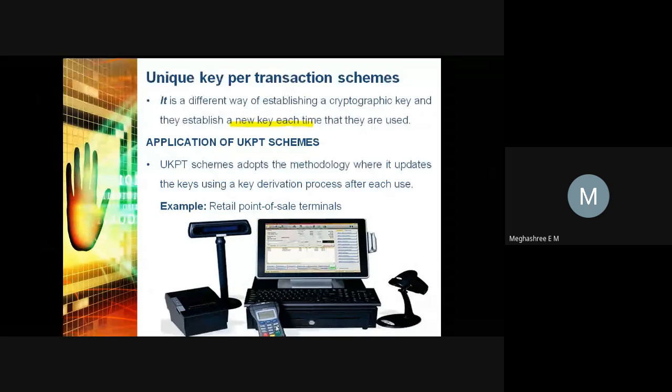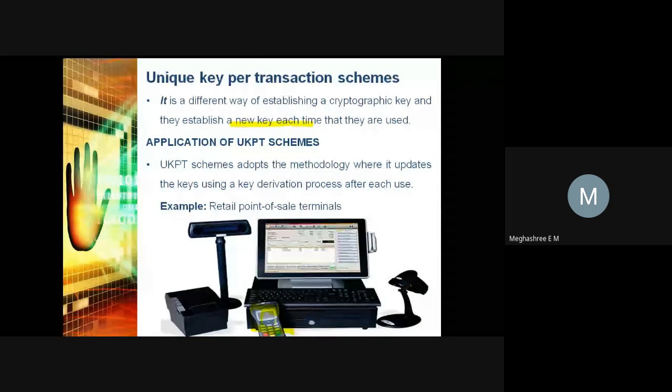So at such a point, you can see the swiper here. If you provide the transaction card, either a credit or debit card, with the help of that, you can purchase the product here, right?